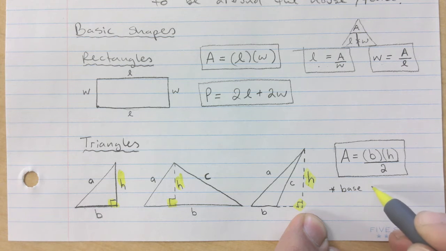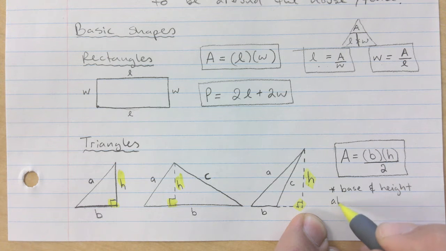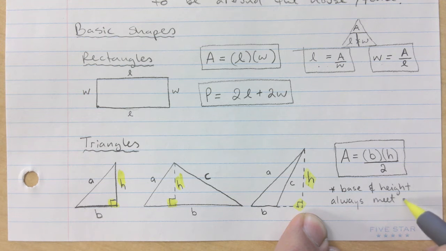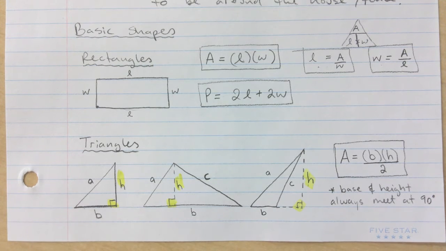Base and height always meet at 90 degrees. So they always make a T, right?